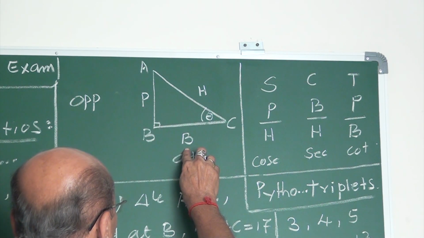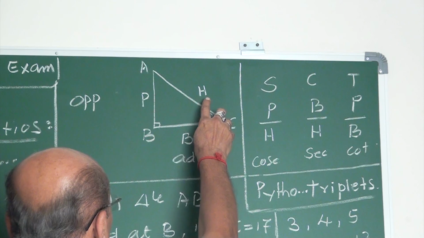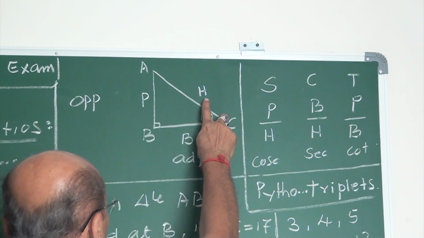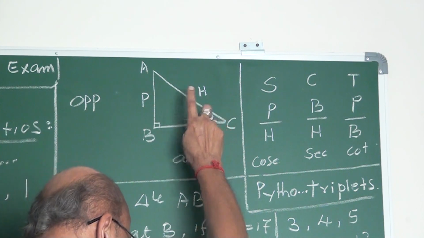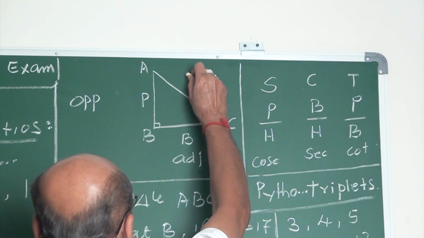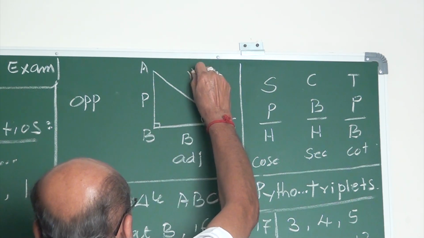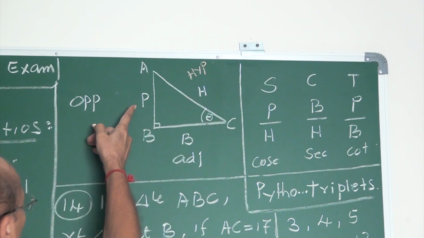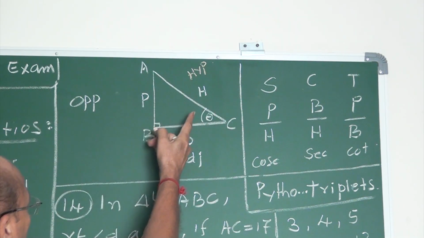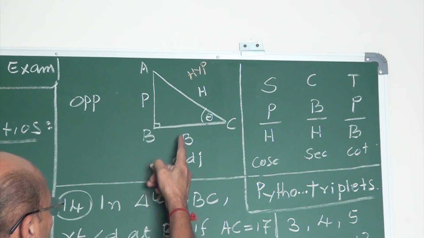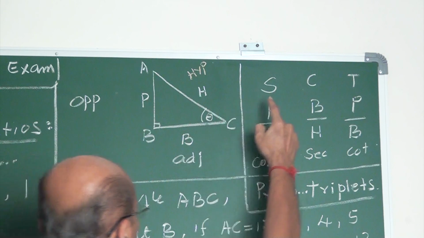That base I have denoted by the letter B. What is AC? Opposite to 90 degrees. Opposite to 90 degrees is called the hypotenuse. That hypotenuse I have written in brief as H. Opposite or perpendicular P, with reference to theta. Adjacent or base B. Opposite to 90 is H.